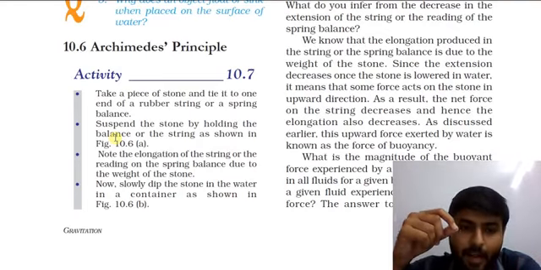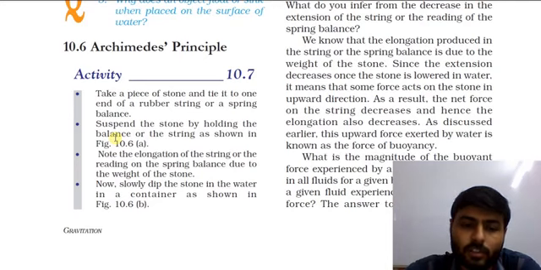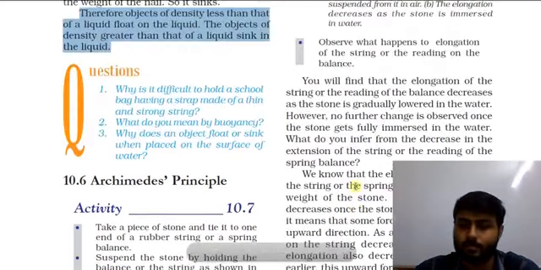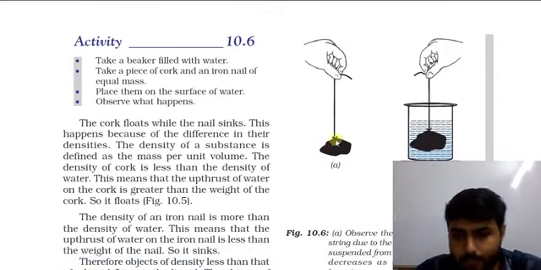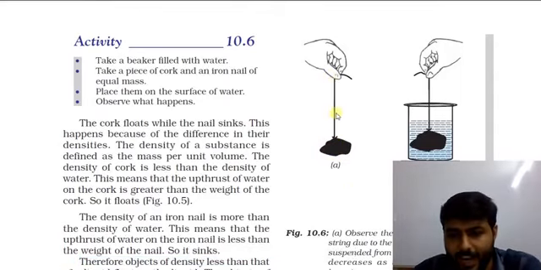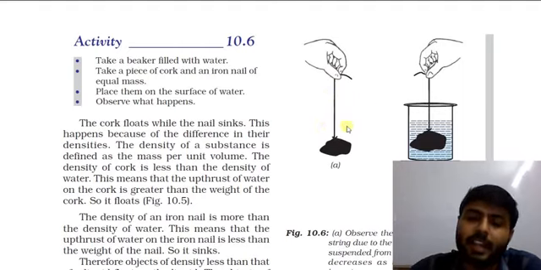Suspend the stone by holding the balance or string as shown in the figure. Here in the figure we have one stone. We tied it with a string and suspended it with the string, or in place of string we can use a spring balance also.